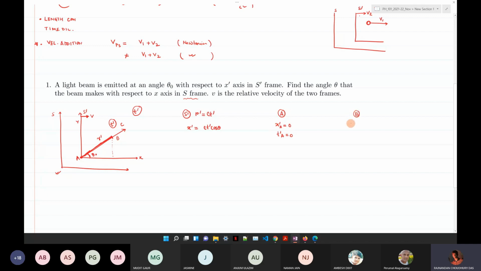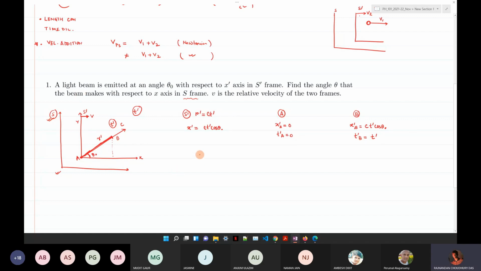At event B, x prime B becomes c t prime cos theta 0, because this angle theta 0 is given to us, and t prime B is some t prime. This x prime and t prime are related to the x and t of S using the Lorentz transformation, so we will be using that.